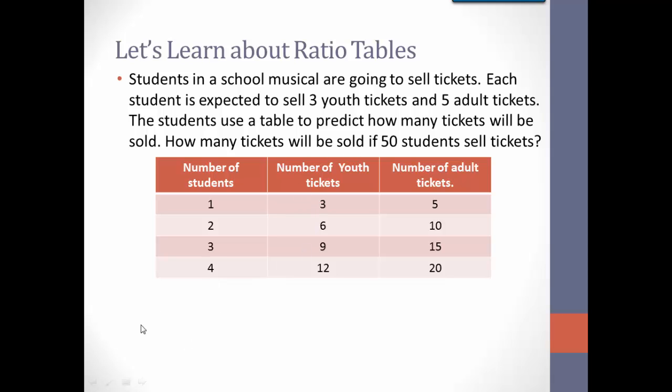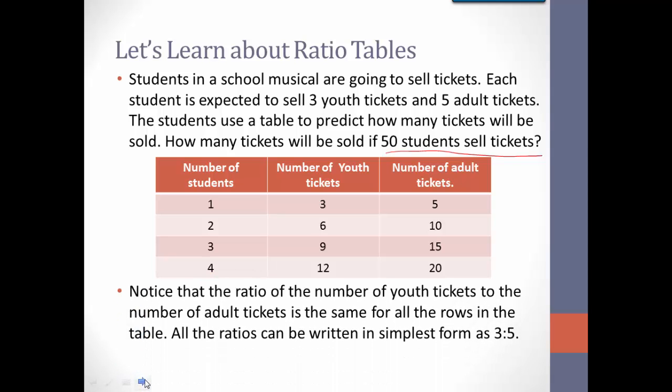So the question is, how many tickets will be sold if 50 students sell tickets? Right now, we only have up to 4. Notice that the ratio of the number of youth tickets to the number of adult tickets is the same for all the rows in the table.